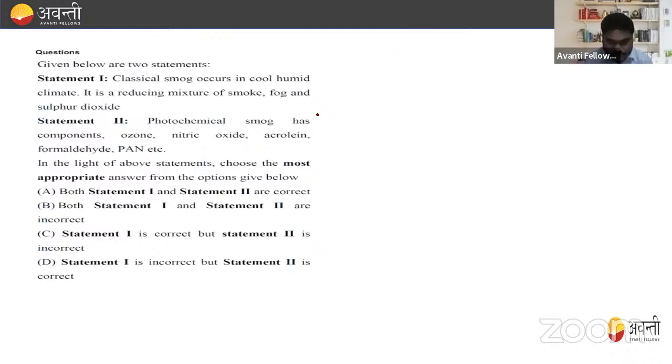Please note this point as well, because maybe in future questions in your next examination, some question asks what is the composition of photochemical smoke, whether PAN is present in photochemical smoke or not, ozone or nitric oxide or acrolein or formaldehyde and PAN. Out of these, how many are present in photochemical smoke and how many are not present. So from every question, try to learn 3-4 concepts from a single question and try to think in a different way: this time the question is this, so what will the next time question be?